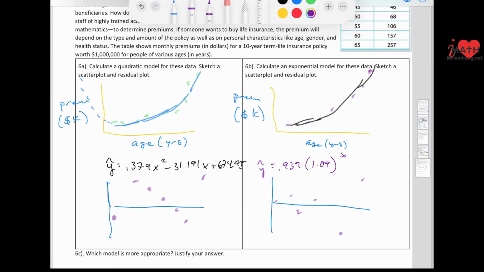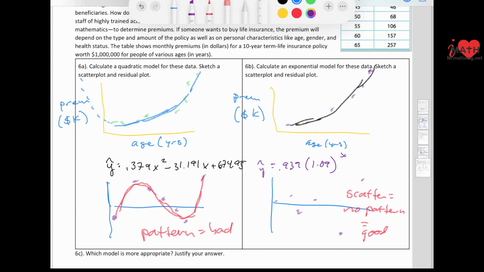So that's my residual plots. My question is, which one looks more scattered? Again, this one kind of looks like a sine curve, or it just looks like there's a pattern. So this one looks like a pattern, which is what? This one looks scattered, or no pattern, which is what? Good.